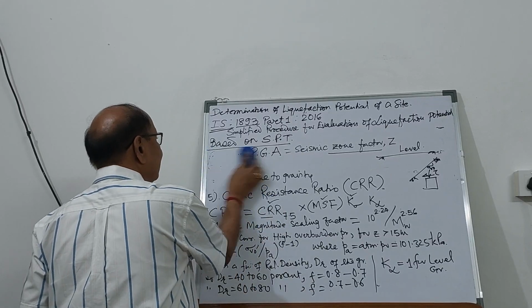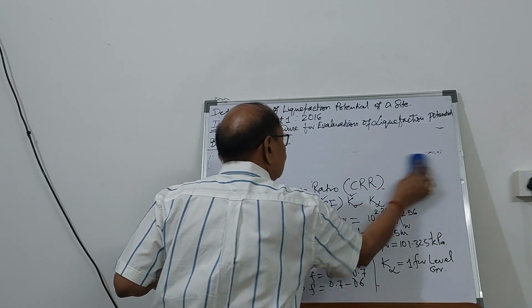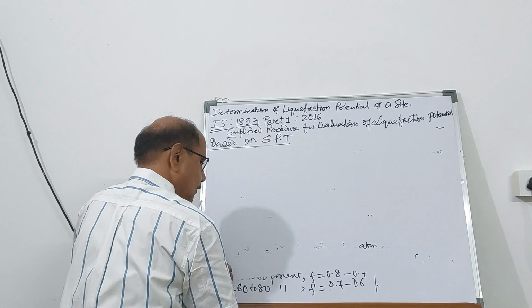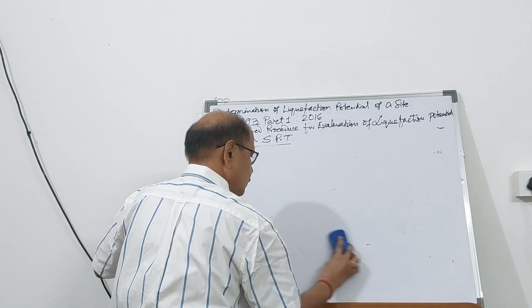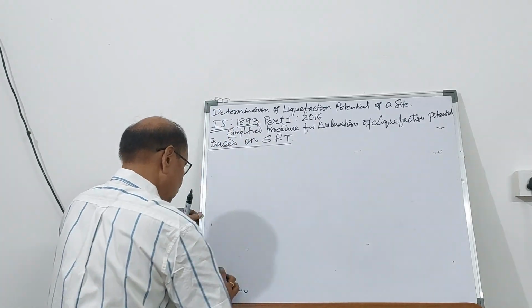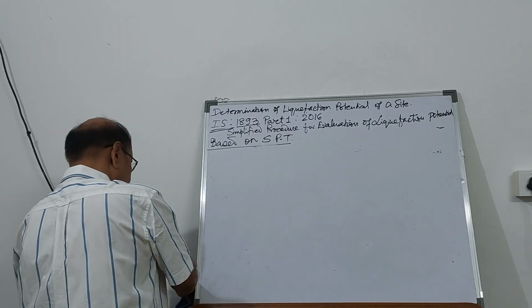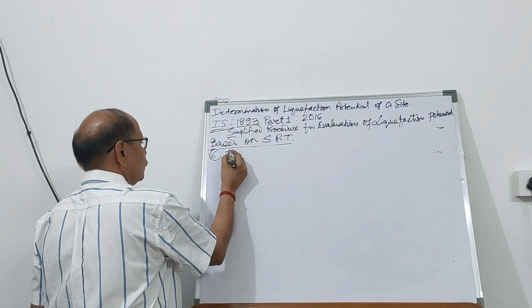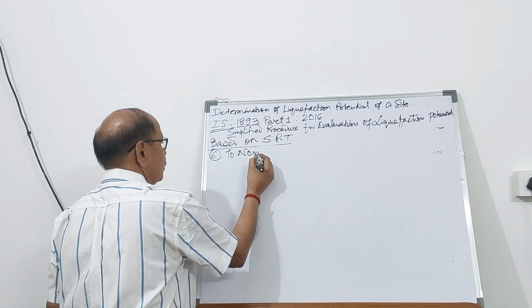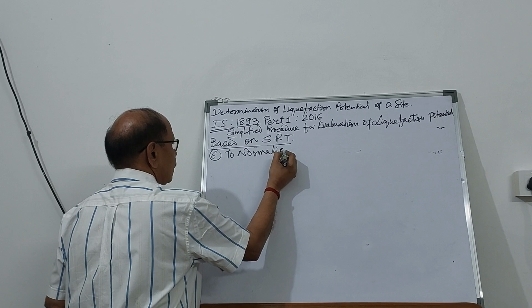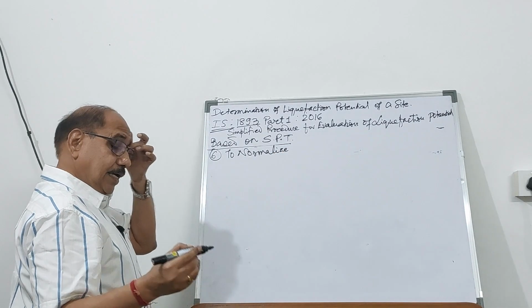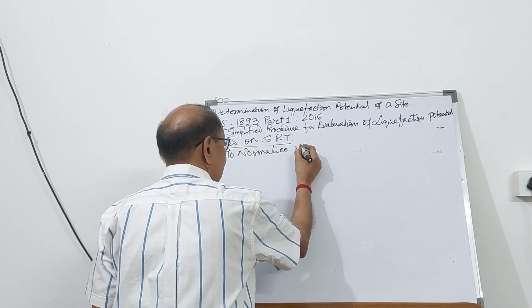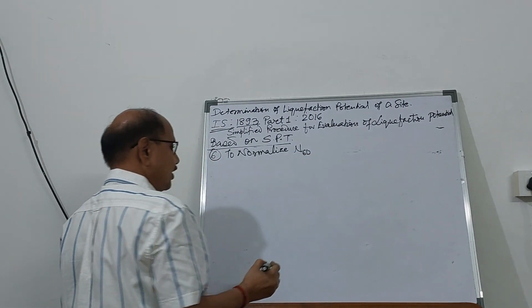So our next step will be to normalize the SPT blow count, that is N, number of blows, N60 it is called.